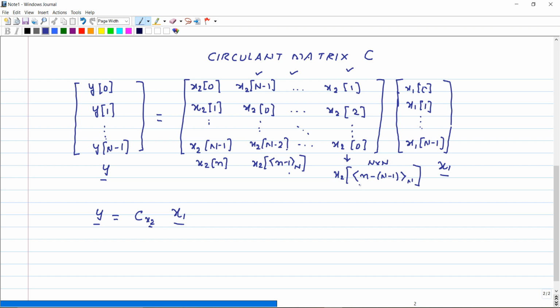So finally the circular convolution is written in a nice matrix form in this fashion, where y is the circularly convolved output, x1 is one of the signals, and C x2 is a circulant matrix obtained from the second signal x2 of n.